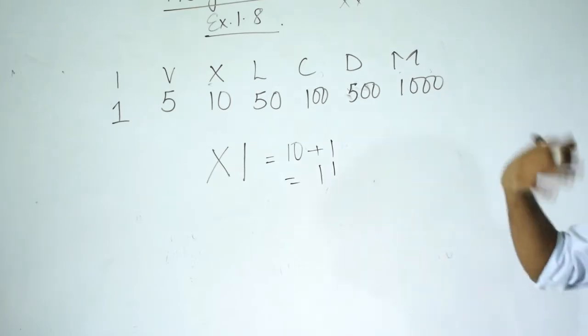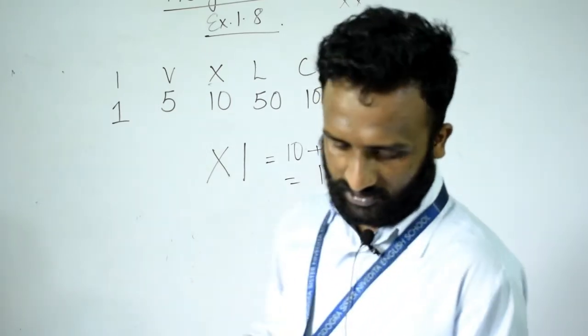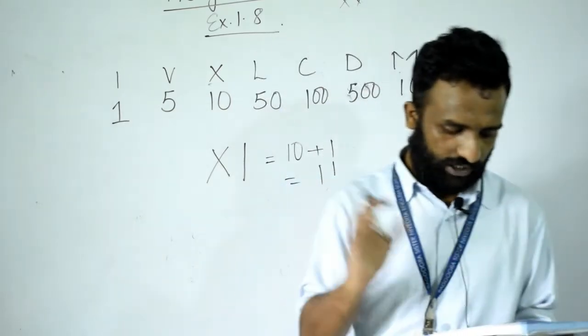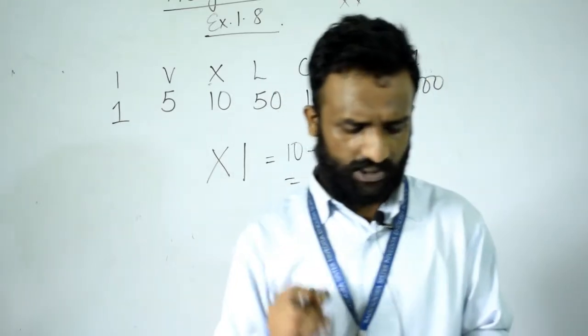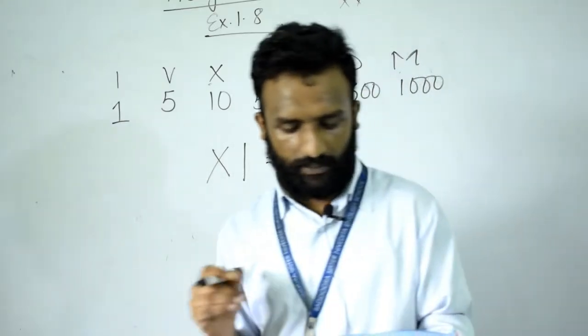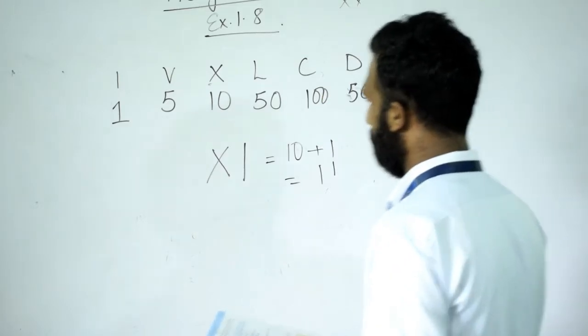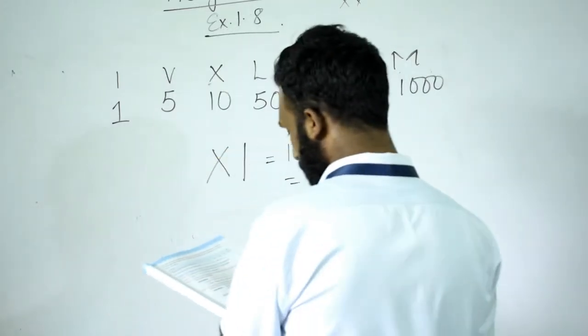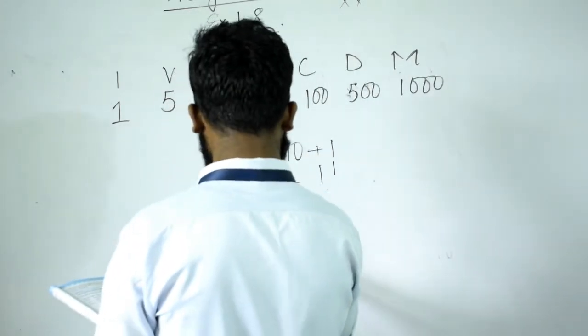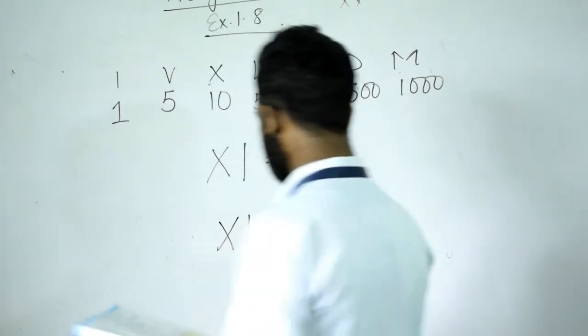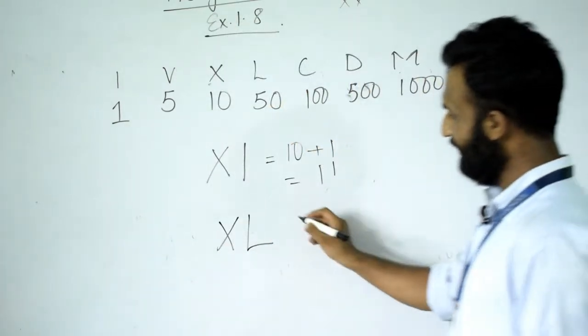Another rule, the last one: if a symbol is placed before a symbol of greater value, that means subtraction. Suppose XL is given. What does it mean here?